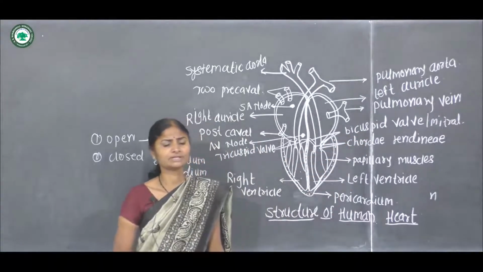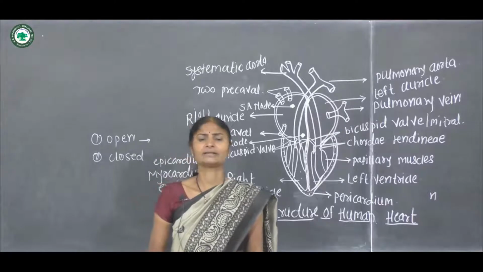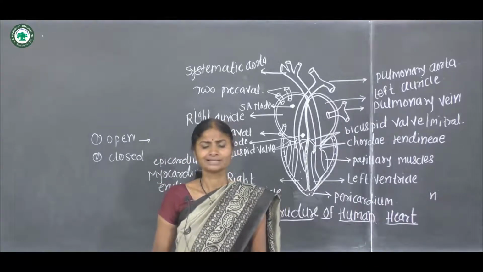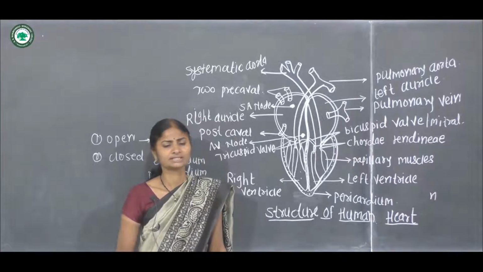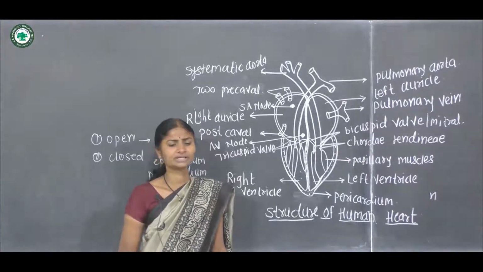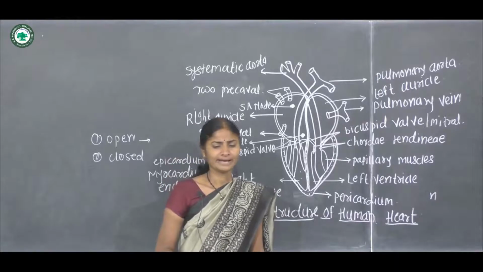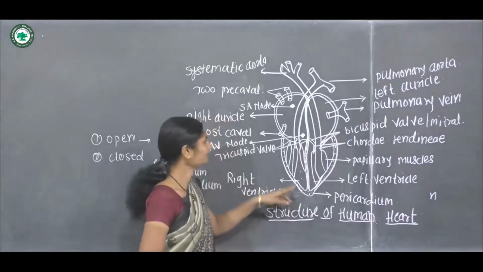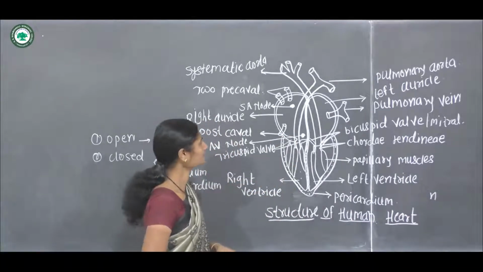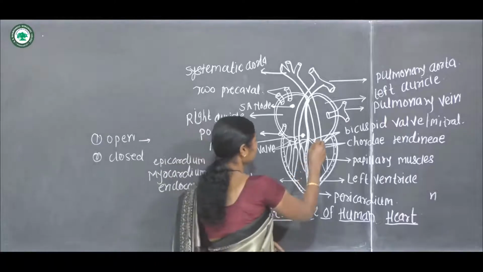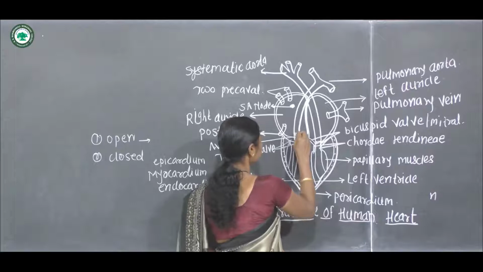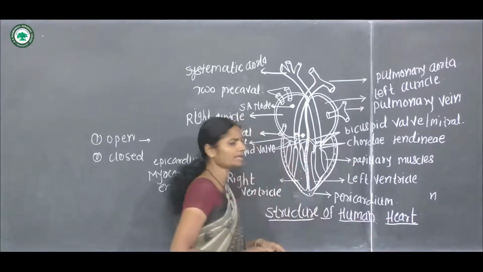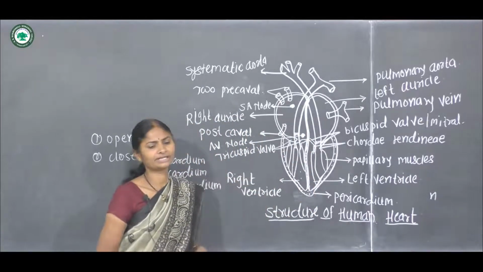The valve between the right ventricle and pulmonary trunk is the pulmonary semilunar valve, and the valve between the left ventricle and aorta is the semilunar valve of the systemic trunk. These semilunar valves prevent backflow of blood towards the ventricle.